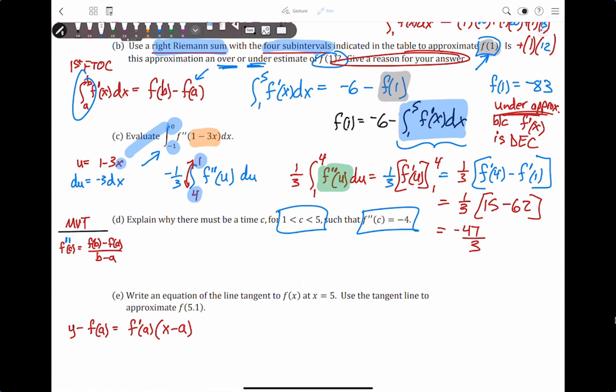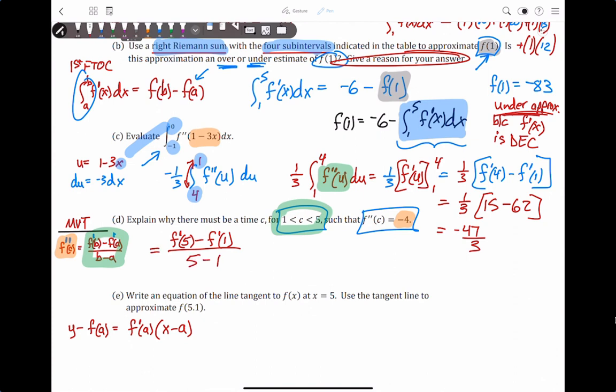f double prime is also the difference quotient, but between f primes, because remember, these are one derivative jump away from each other. So what this is saying is, we're trying to put this -4 as being equal to this. Now, let's evaluate f prime of 5 minus f prime at 1 over 5 minus 1.